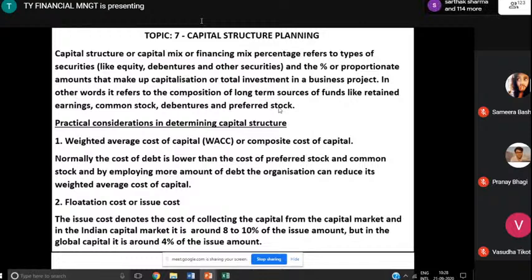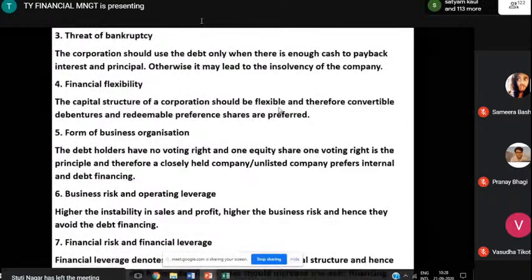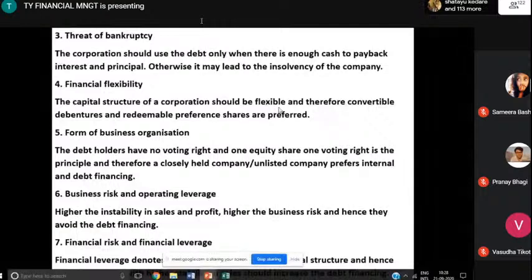When you have debt, financial risk, financial leverage, debt. If you are getting confused, go back to what you wrote: debt or borrowings. Financial leverage denotes the percentage of borrowings, or debt, in the capital structure.